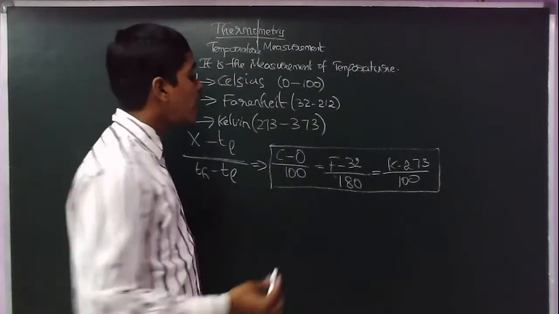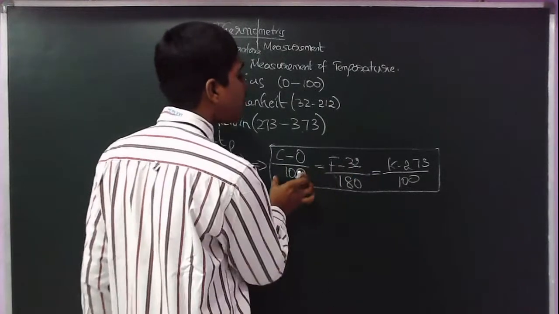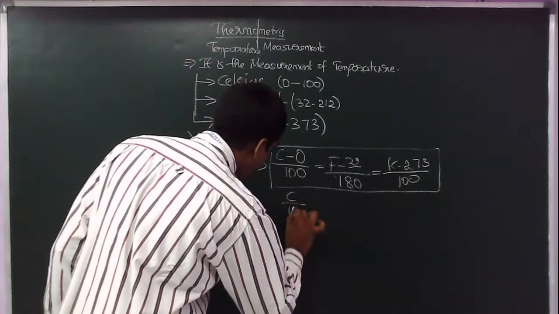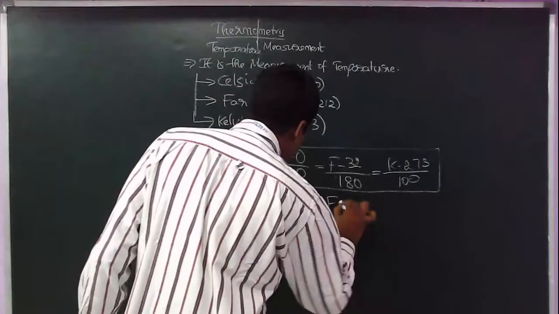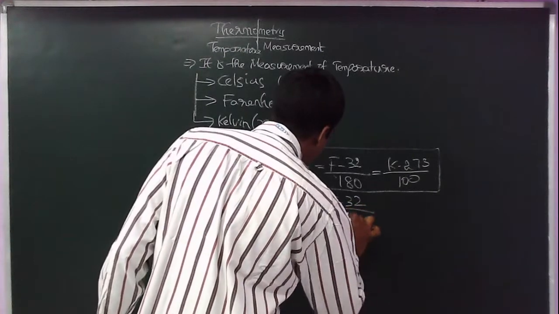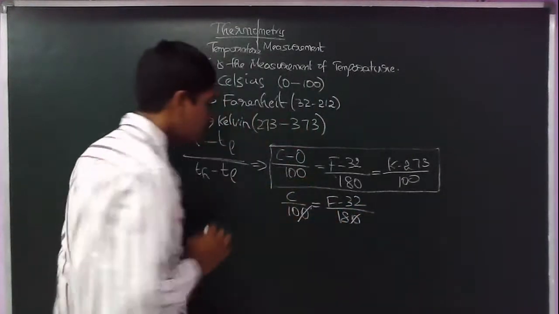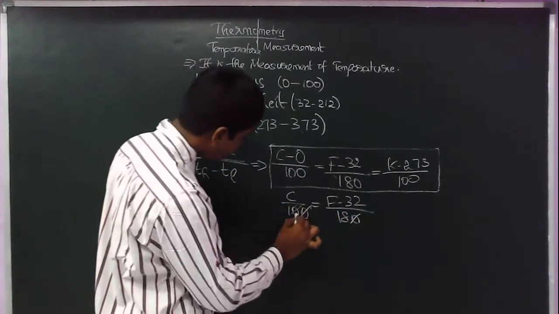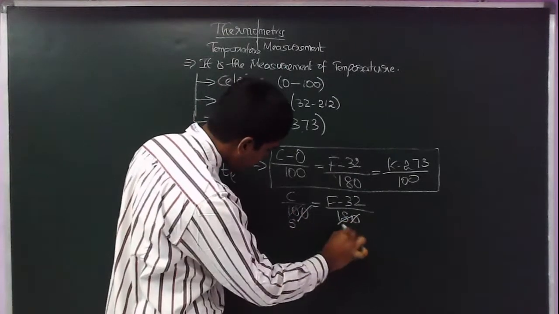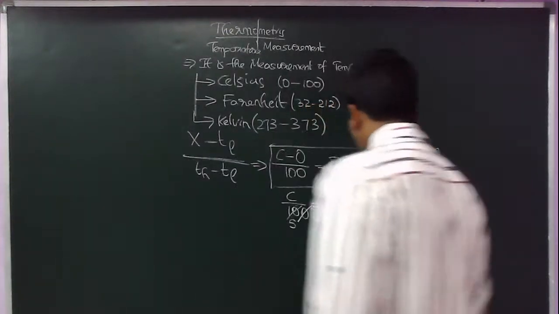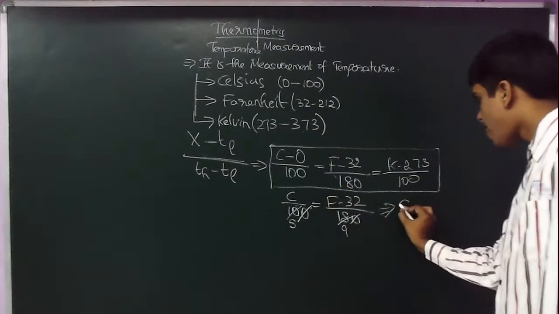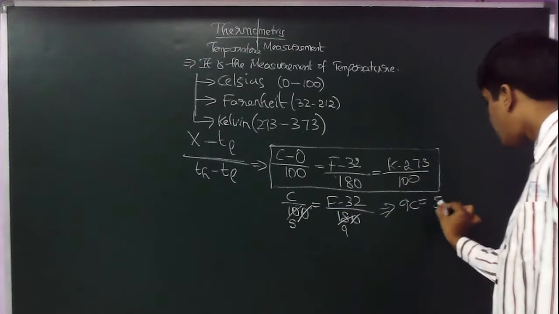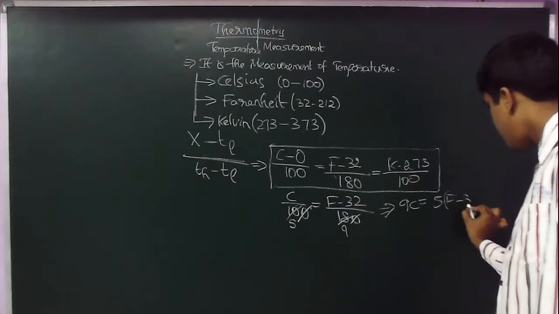Now we will derive the relationship between Celsius and Fahrenheit, and Celsius and Kelvin. First we will derive for Celsius. C by 100 is equal to F minus 32 upon 180. So the 0s are cancelled, and it is 5 and 9. So 9C is equal to 5 into F minus 32.